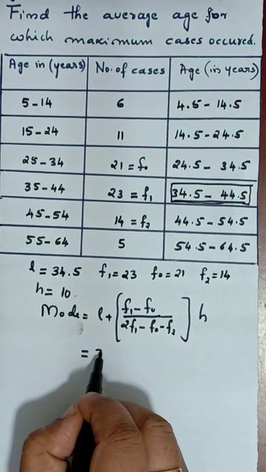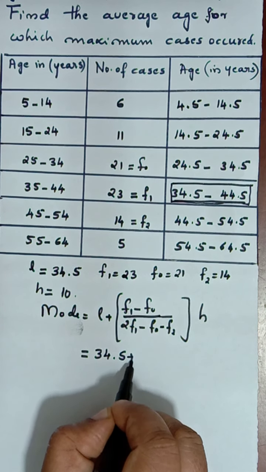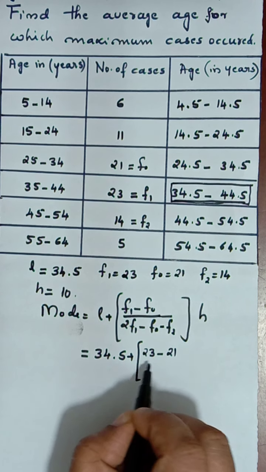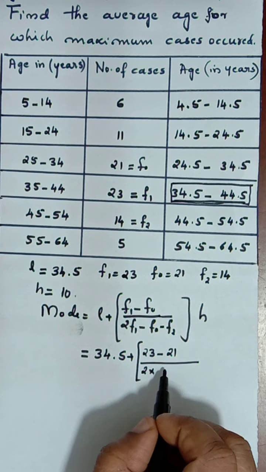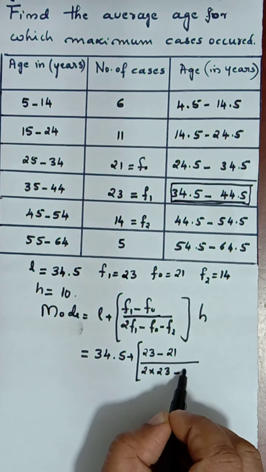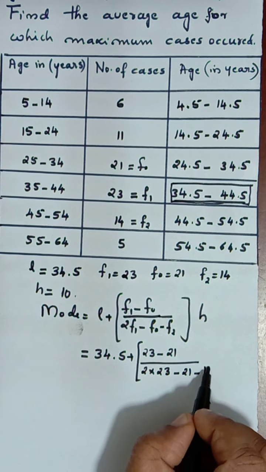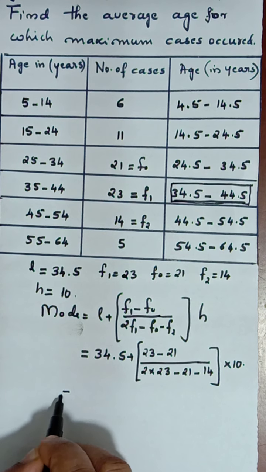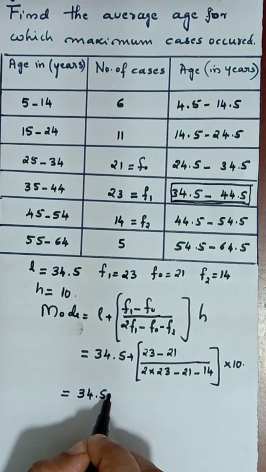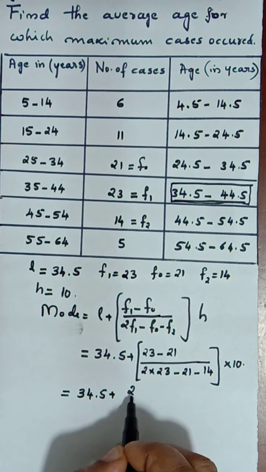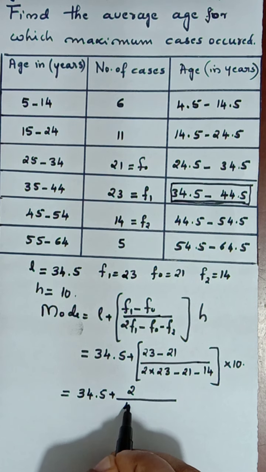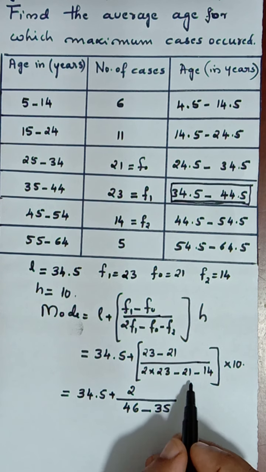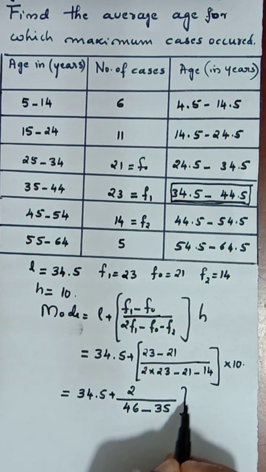L is equal to 34.5 plus F1 23 minus F0 21 by 2 into F1 is 23 minus F0 minus F2, into the h value 10. So here we have 34.5 plus 23 minus 21 is 2, divided by 46 minus 35. Okay, into 10.